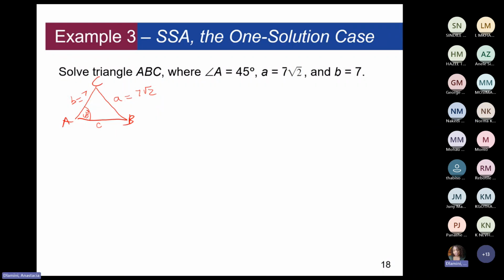Okay, now someone was talking. Yes, I was saying, in this case, we have angle A and we've got side a. First, which rule are we using?